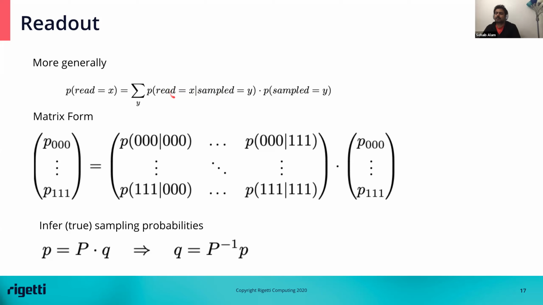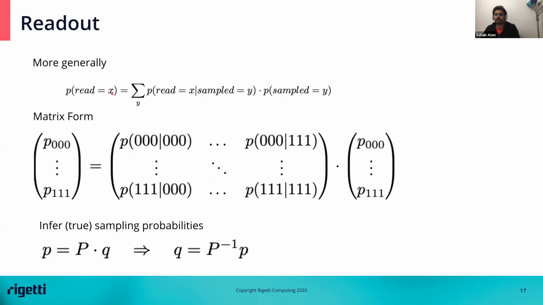So it's the sum of conditional probabilities where my read out bit string is X, given that the true sampled bit string was Y, times the true sampling probability of Y, right? And so I can express this in matrix form. This is basically the equation of a matrix, right?